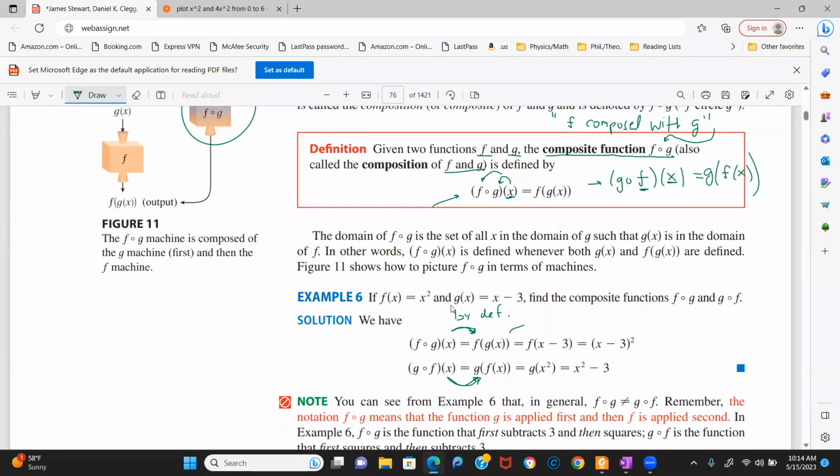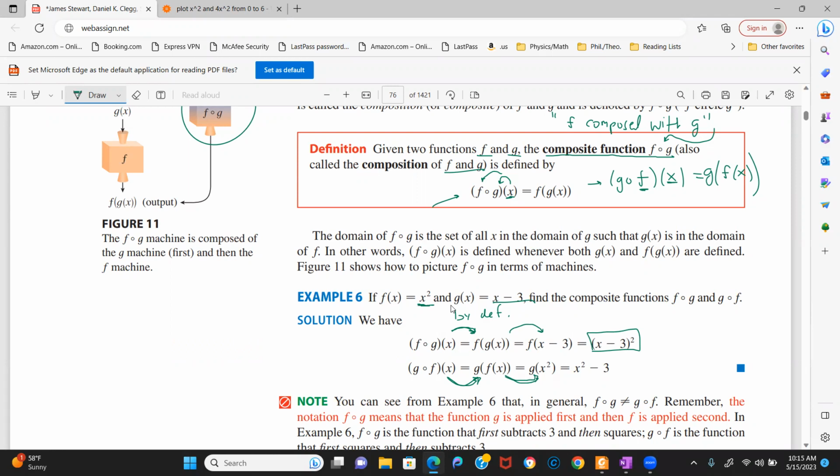And then to get from here to here, we're using our specific functions. So g of x is x minus 3, so plug in x minus 3. To evaluate f of x minus 3, wherever you see the x in the formula for f, replace it by x minus 3. Now for the second equation, you have g of f of x.